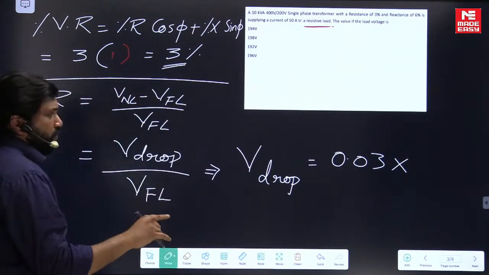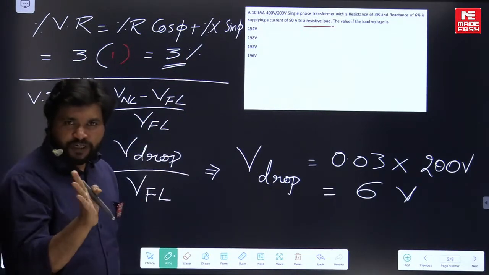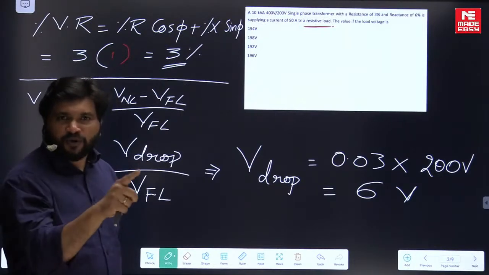So what you can do now is simply take V rating as 200 volt. That is the voltage drop. The terminal voltage is then obtained.